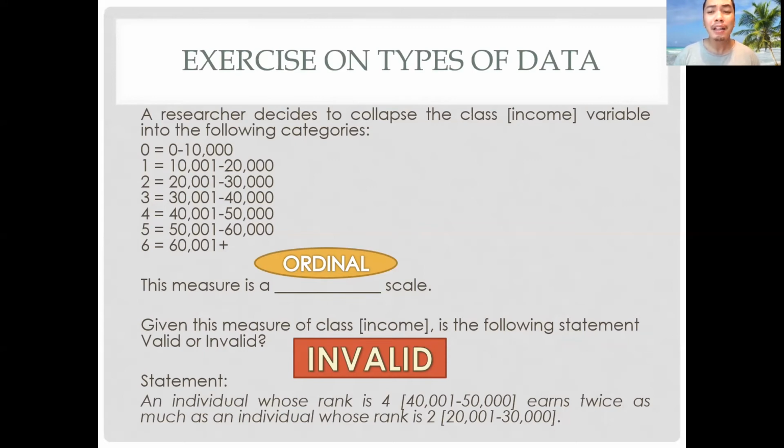Because my income value could be in the range 20,001 to 30,000, but what if my exact income value is actually 25,000? That does not make your income directly twice mine, in case your rank is 4, let us just say 45,000 if it is your exact income.